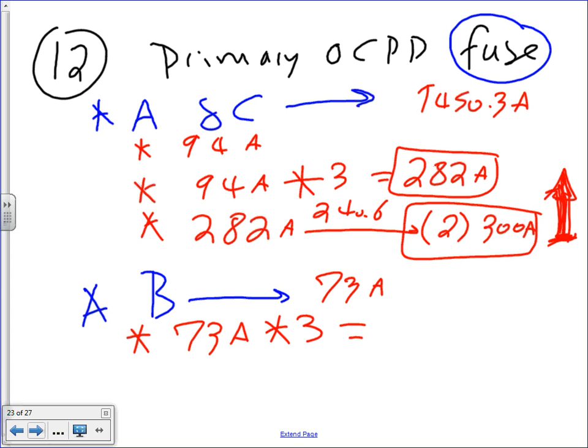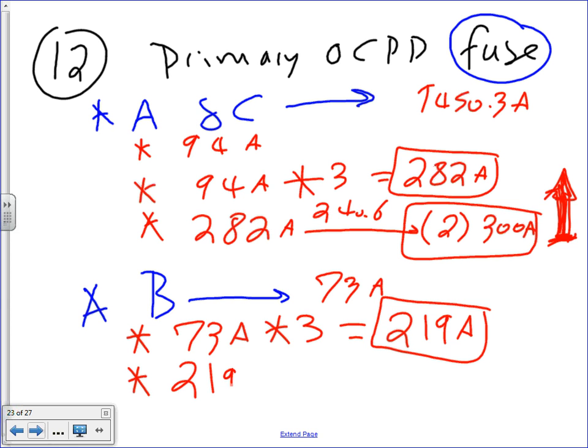If you do that, you came up with 219 amp. And same way, you're going to take the 219 amp, take it to 240.6. That will get you how many fuses? One fuse, and the size of 225 amp.